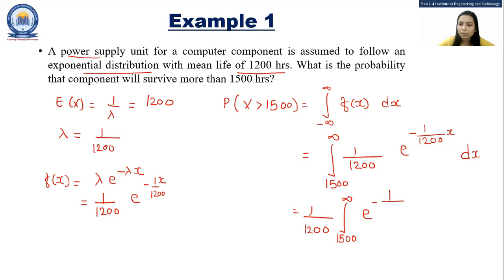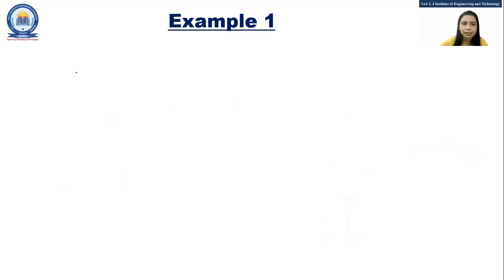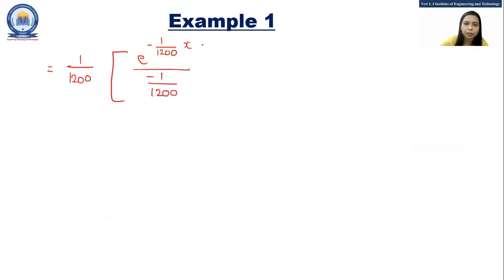The integration of e^(-x/1200) is e^(-x/1200) divided by (-1/1200). The upper limit is infinity and the lower limit is 1500.